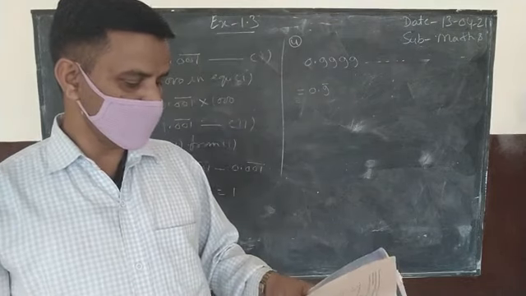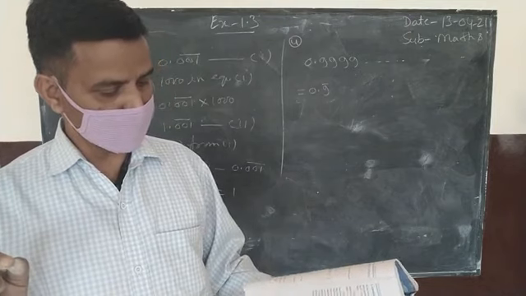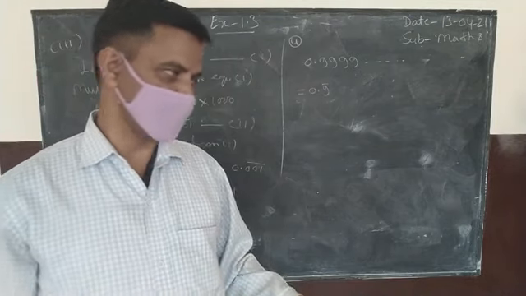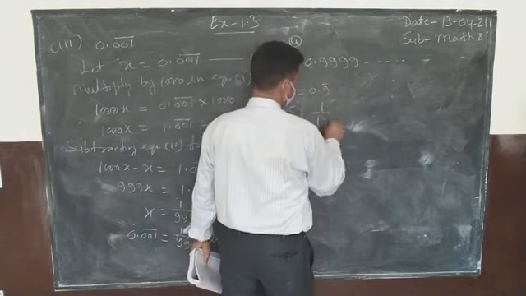Question number 5. Tell the maximum number of digits in the repeating block of the decimal expansion of 1 upon 17.